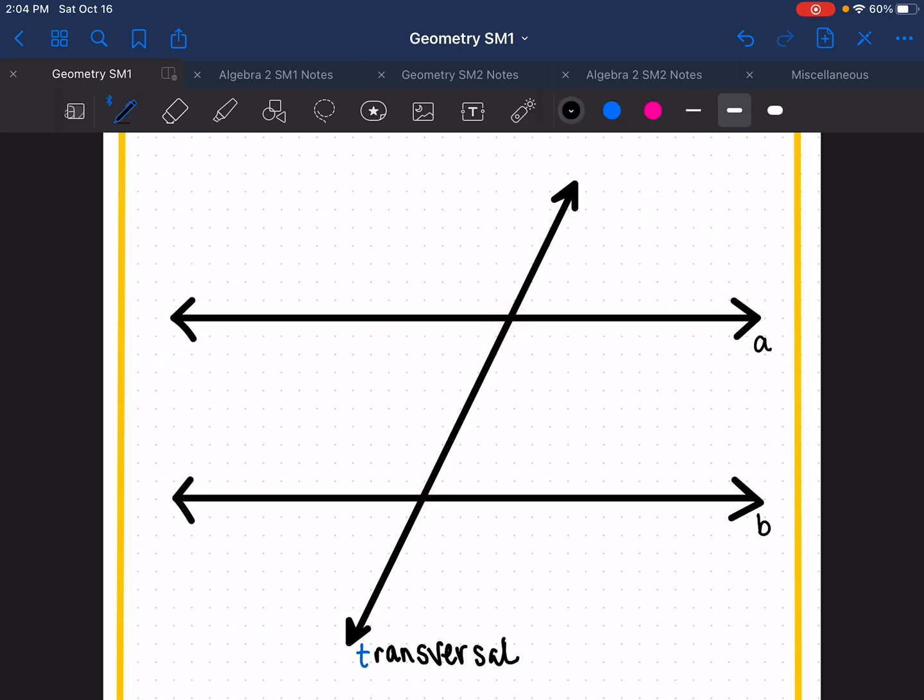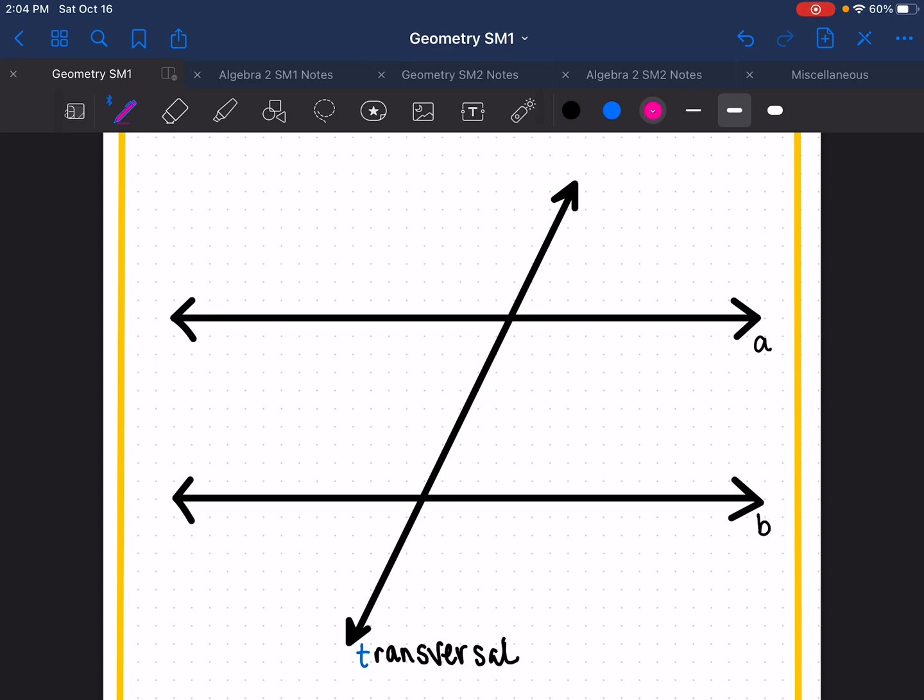When we talk about this, we need to talk about the 8 angles that are showing up. 1, 2, 3, 4 around line A and transversal T, and then 5, 6, 7, and 8, these 4 angles around line B and transversal T. So I have my total of 8 angles.